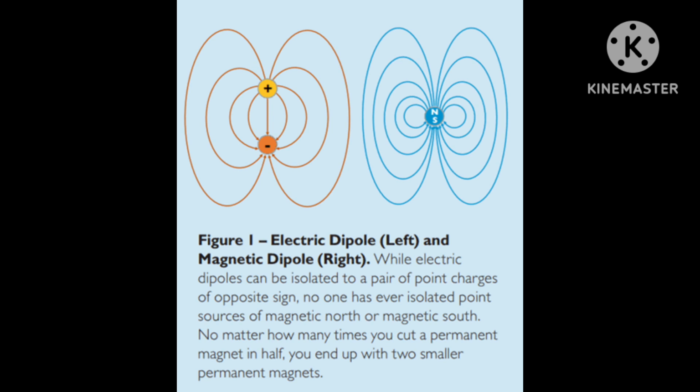When the substance is placed in a magnetic field, what will happen? All the domains get oriented in the direction of the magnetic field, all in the same direction.